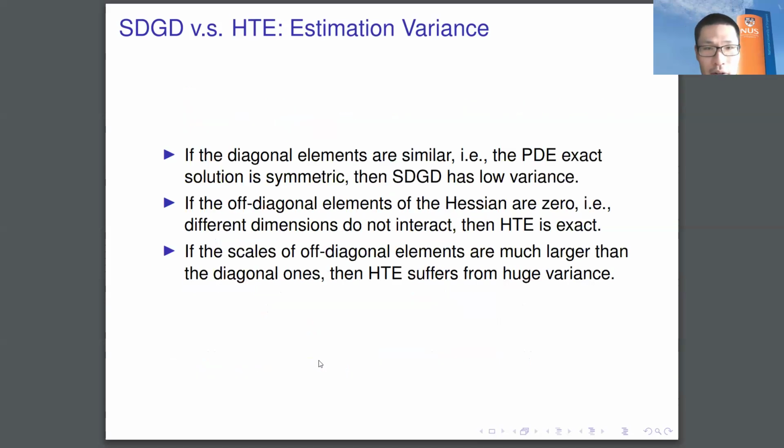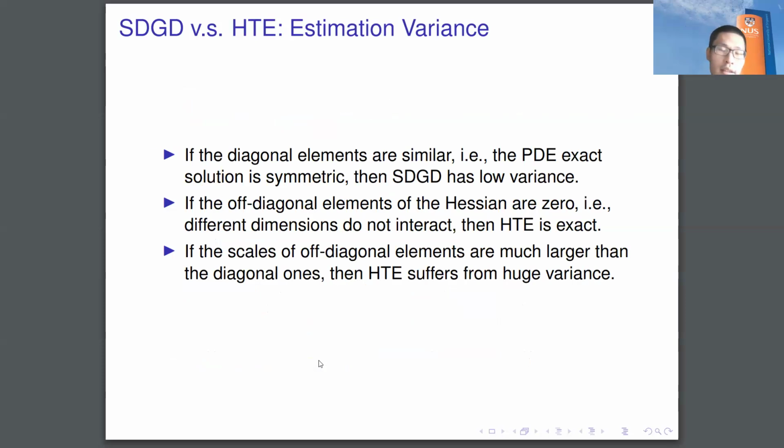In this slide, I will have some simple conclusions that maybe answer the previous question. If the diagonal terms are similar, which means that the PDE exact solution is symmetric or isotropic, then SDGD will have a very low variance.